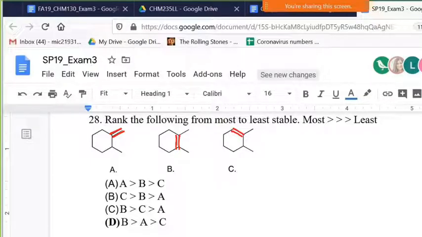All alkenes, not just pi bonds, have 4 things connected to them, always. So when we're considering stability, what we're considering is what would be different about those things. What is the minimum that could be connected?